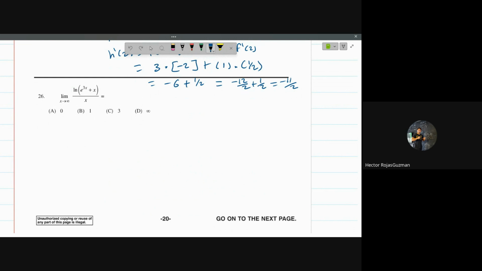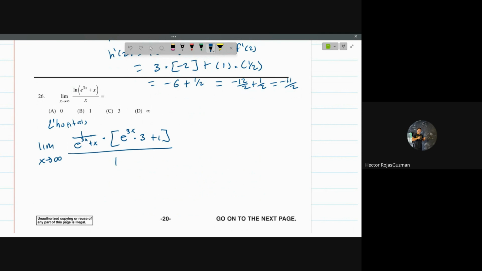Okay. So what we can do is use L'Hopital's, which means I'm going to take my derivative on the top. So the derivative is 1 over u times u prime, which is e to the power of 3x times u prime plus 1 divided by 1.